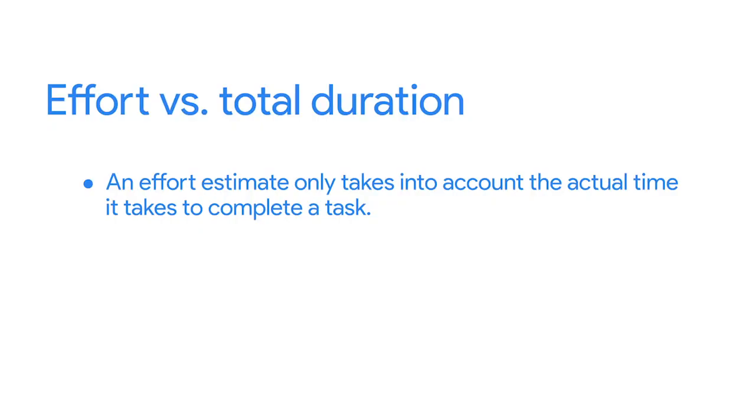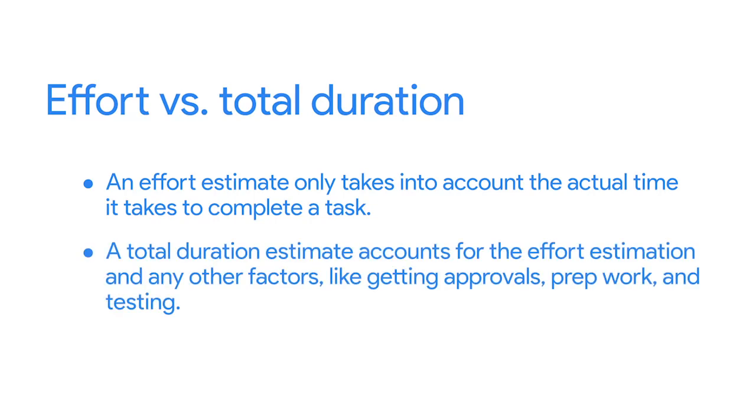One important detail to clarify here is the difference between an effort estimate and a total duration estimate. An effort estimate only takes into account the actual time it takes to complete a task. A total duration estimate accounts for the effort estimation and any other factors, like getting approvals, prep work, testing, and so on.